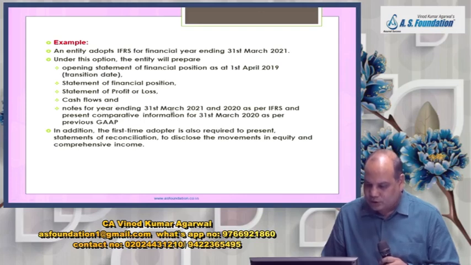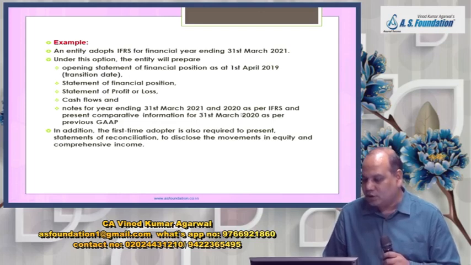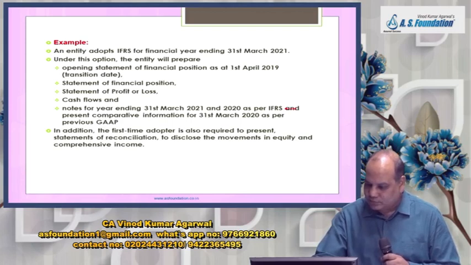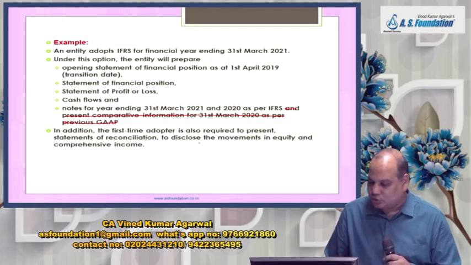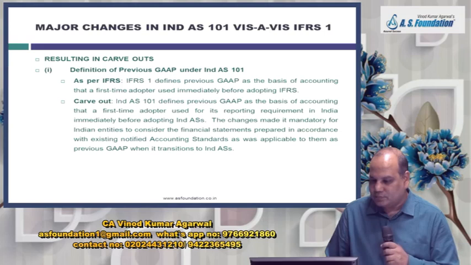These last 4 items for the year ended 31st March 21 and 2020 as per IFRS. And you have to give the reconciliation statement also. In addition, the first time adopter is also required to present reconciliation to disclose the movement of equity and comprehensive income.